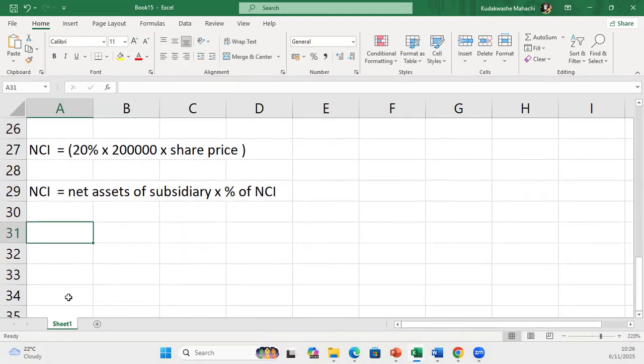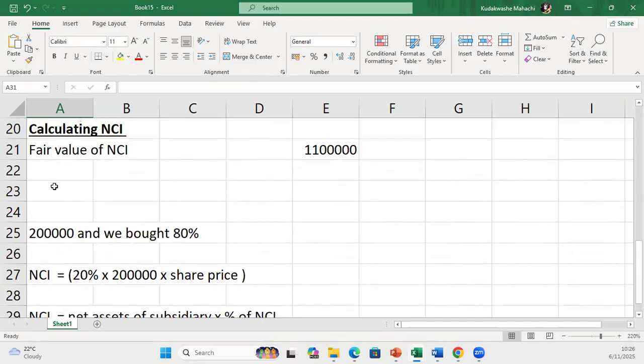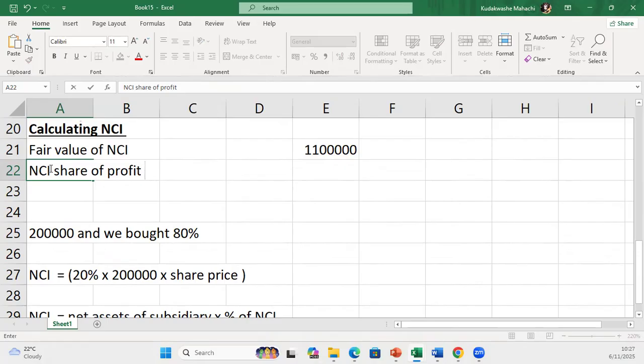So let's move on. It's not the fair value of NCI, but the NCI share of profit. Sorry, it's NCI share of profit. So the profit made by the subsidiary, some share goes to the NCI. There is also NCI share of reserves.